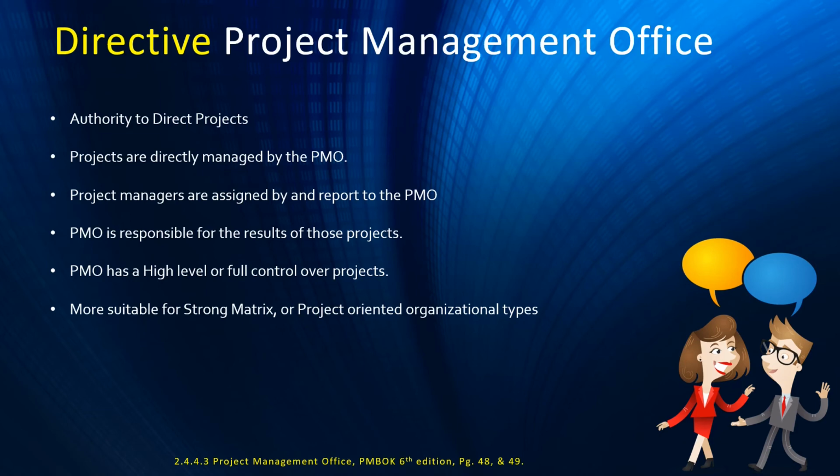Basically anybody can request a project, and if ultimately the PMO agrees to deliver it, they take over the project. Any line of business can ask for a project; once it is approved, the PMO takes control. They plan it, they execute it, they deliver it, and then go back to the business and say, okay, here's your sign off, make sure that you're happy with it. So that is how a directive PMO works.